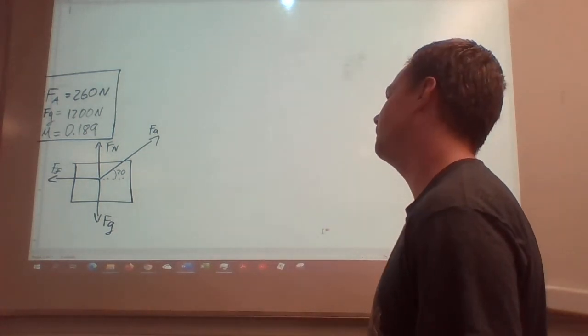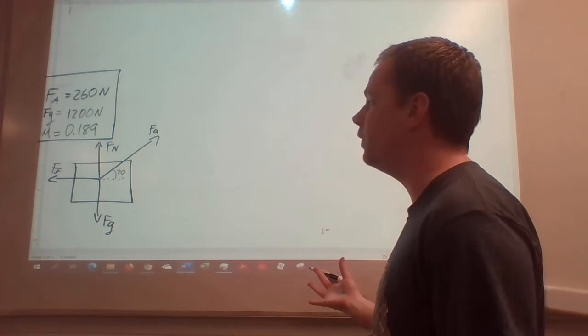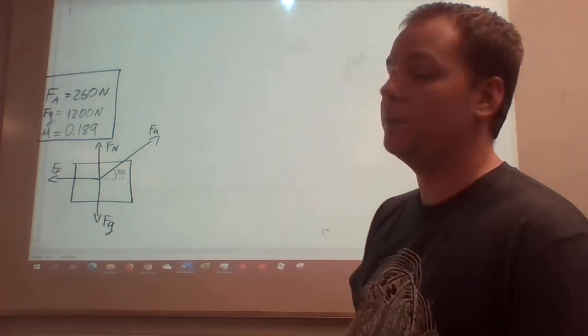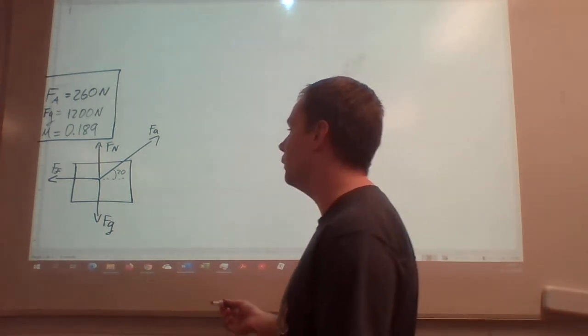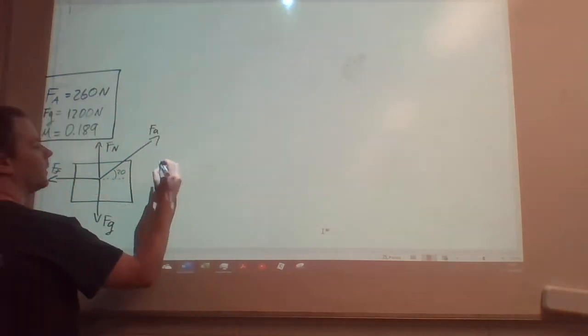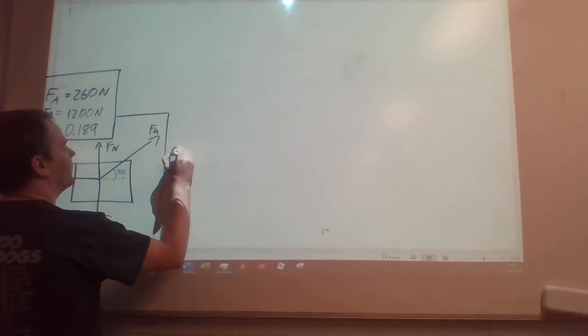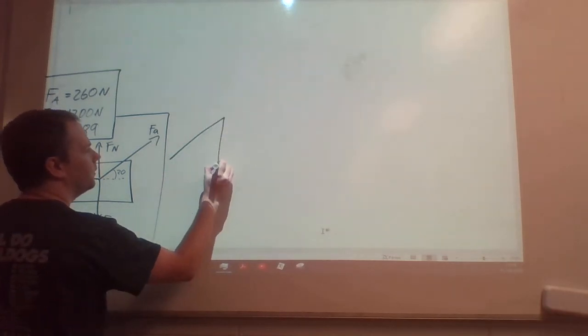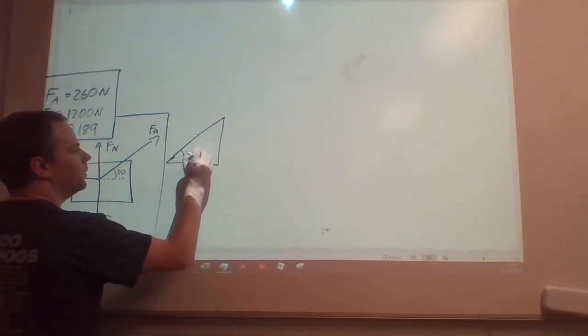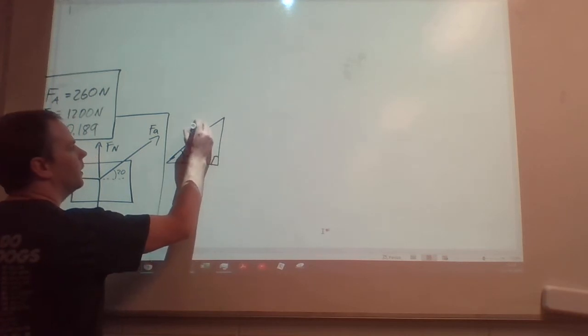So we need to do the same thing again, split it into its components, which we're going to do with the triangle. This should be becoming old hat for you guys. So we have our triangle here, 20 degrees, FA.